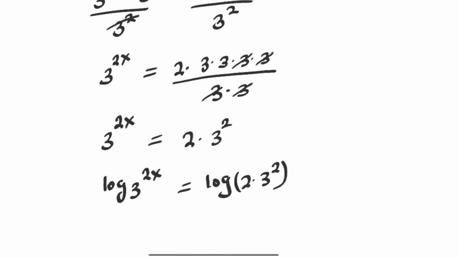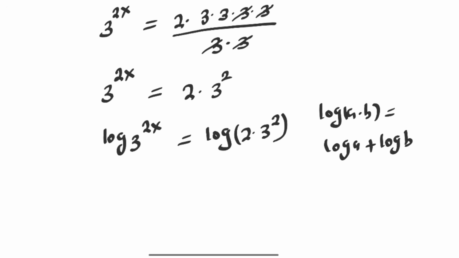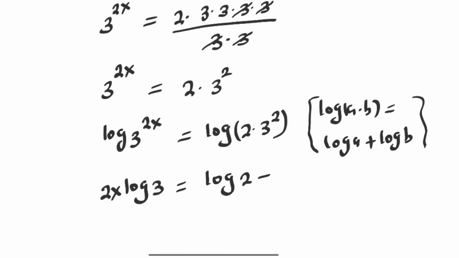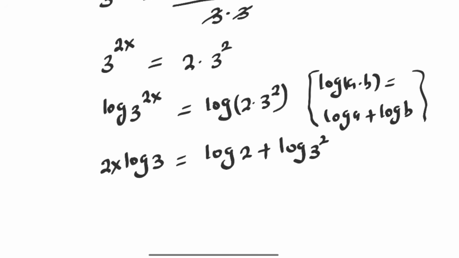Then if you have log a multiplied by b, this is equal to log a plus log b. Then this is 2x log 3 is equal to log 2 plus log 3 square.